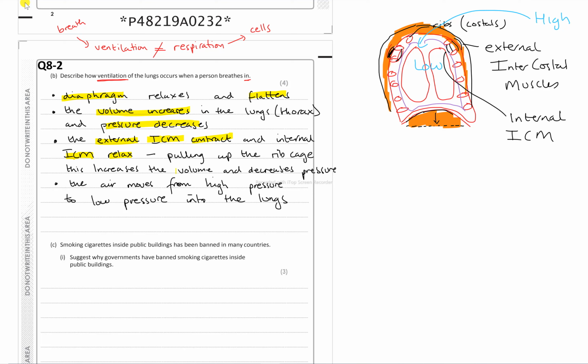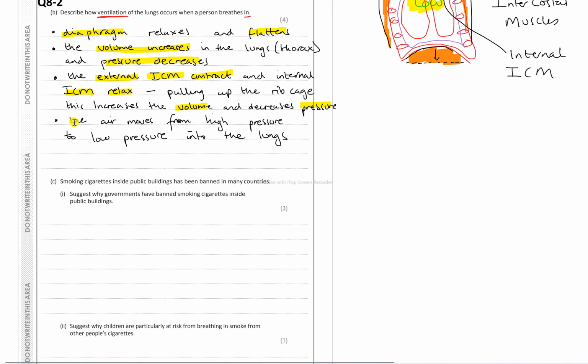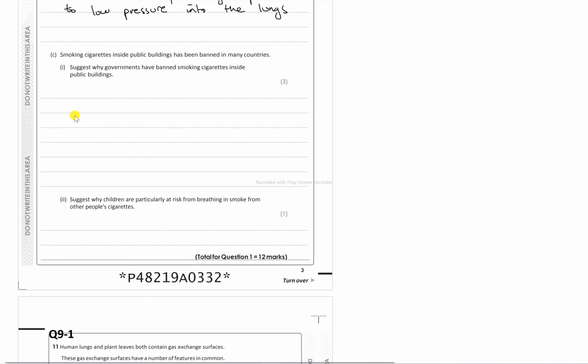This again increases the volume and decreases the pressure. So now you have low pressure inside and high pressure outside. So the air moves from high pressure outside to low pressure into the lungs. Right, let's keep moving on.